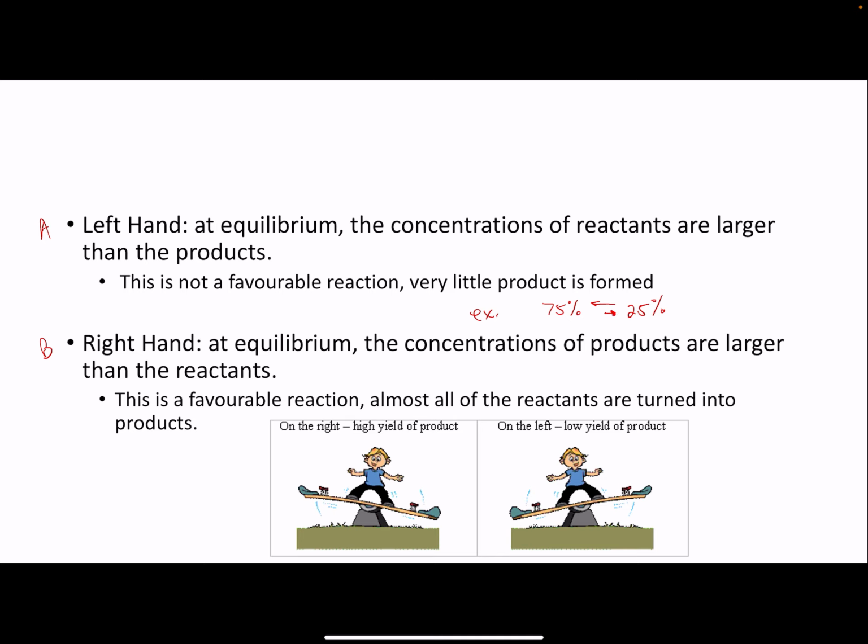And you can see that the size of the arrows changed as well. Right-hand, on the other hand, ironically enough, would be the opposite. More of the products form than the reactants, and there's a smaller arrow indicating it went backwards there. So just some classifications that you'll notice as we go through.